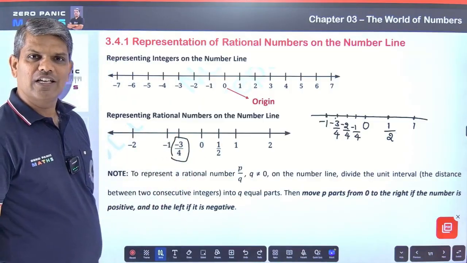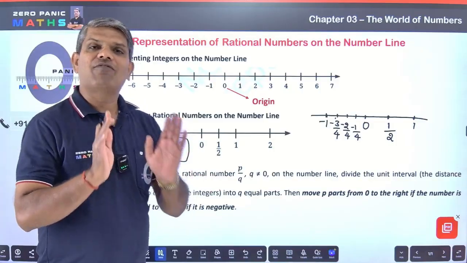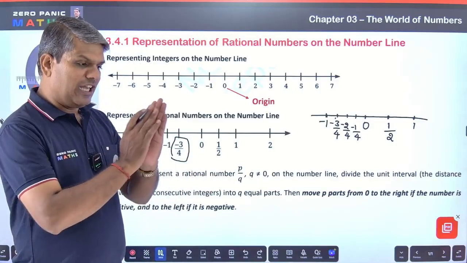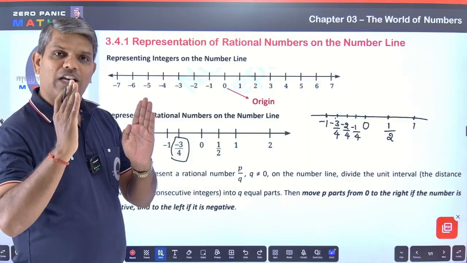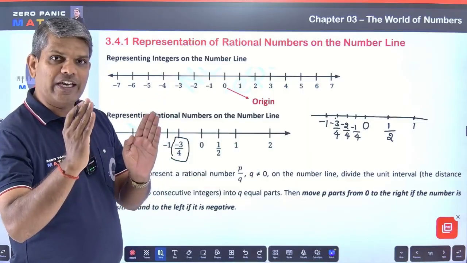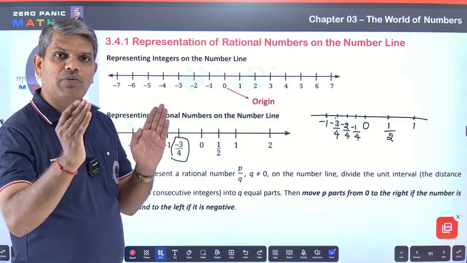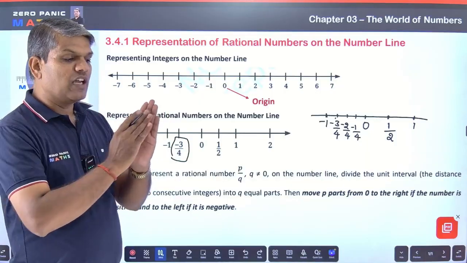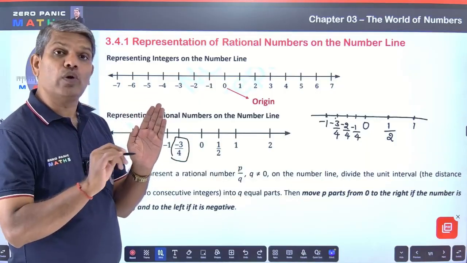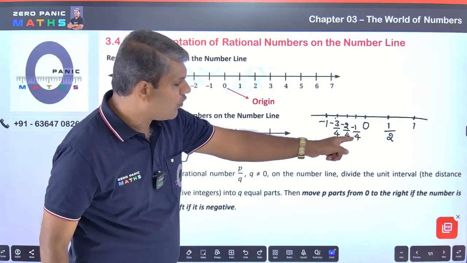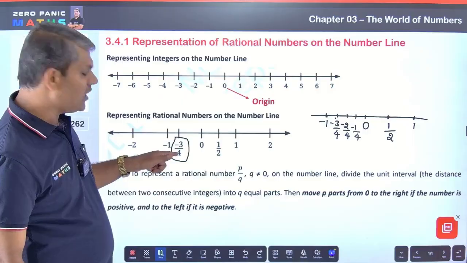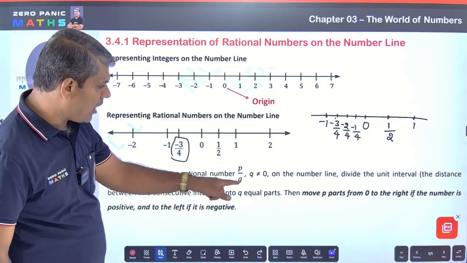You understood this? So whenever a fraction is to be represented between two given integers, or one unit, you divide that unit. The unit is nothing but the distance between two consecutive numbers. Divide that unit into q equal parts. What is 4 here? 4 here is the denominator, and in the form p by q, it is q.